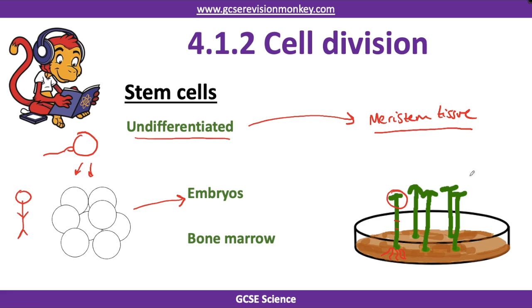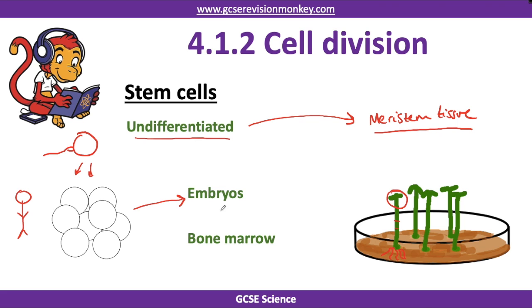And with plants, these undifferentiated cells remain throughout the whole lifetime of the plant. So as the plant grows and develops, you've got stem cells in there which can then produce the bark, for example, the flowers, whatever type of tissues you need on your particular plant.